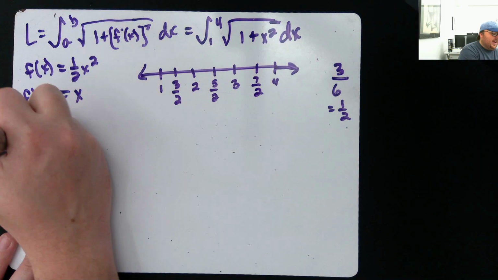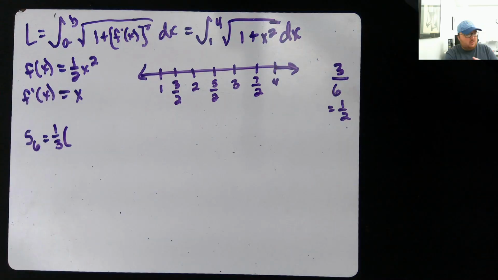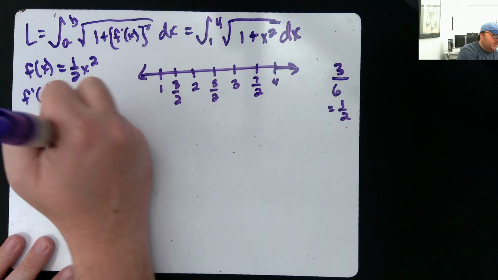So for S6, 1/3 times the delta x, which we found to be 1/2, times the function at my first one is 1.